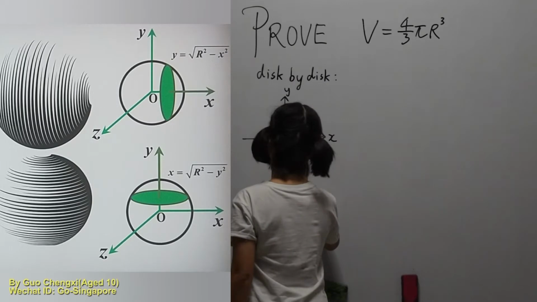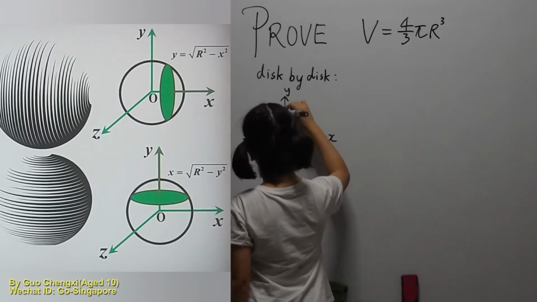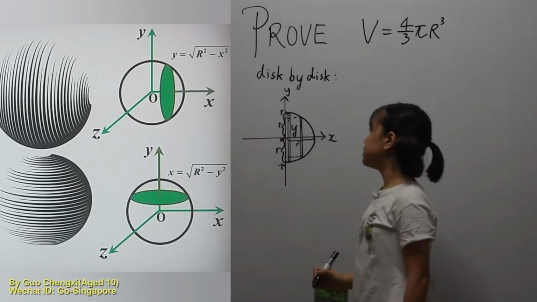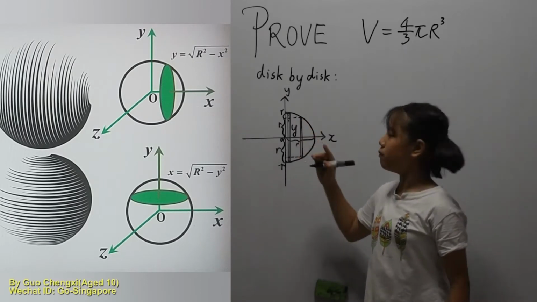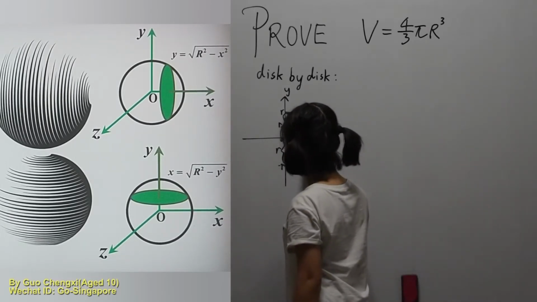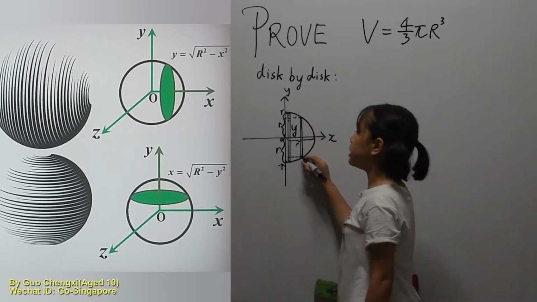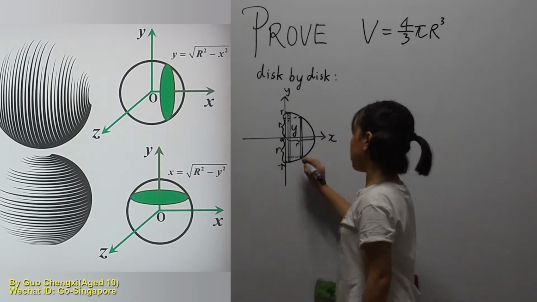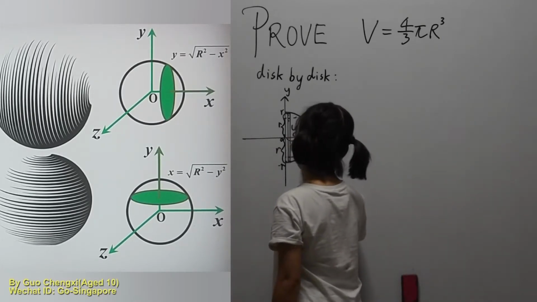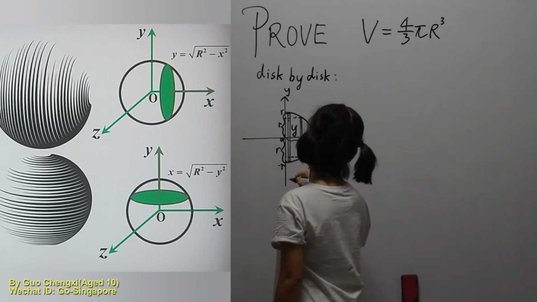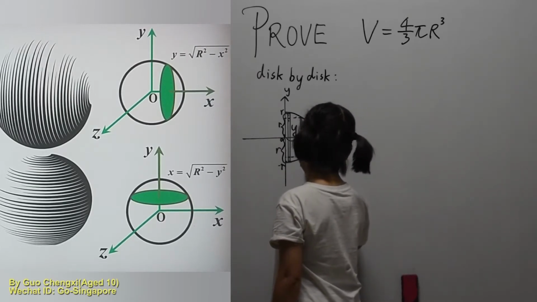So this goes from negative r to 0 to r. Okay, like this. Well, what about this thickness? As I told you, since it is so thin, we don't count this. The thickness is basically dx.